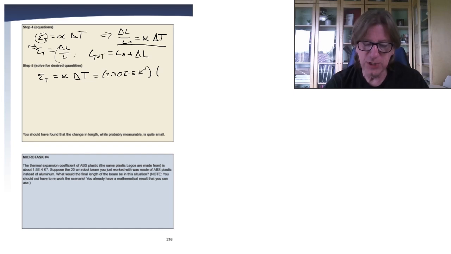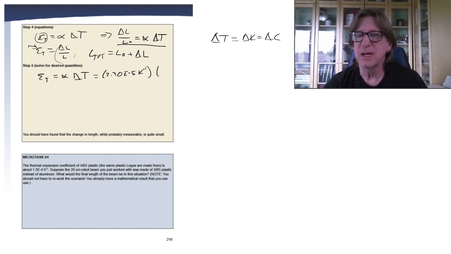Now our temperature change is 40 degrees C, but I need it in Kelvin. But remember what we said, our temperature change, delta K, is equal to delta C. So this delta T was my change in temperature. So that's also 40 degrees Kelvin. Now if you don't like that, it's perfectly okay to convert your starting and final temperatures. But in this case, we're not given starting temperatures, are we?